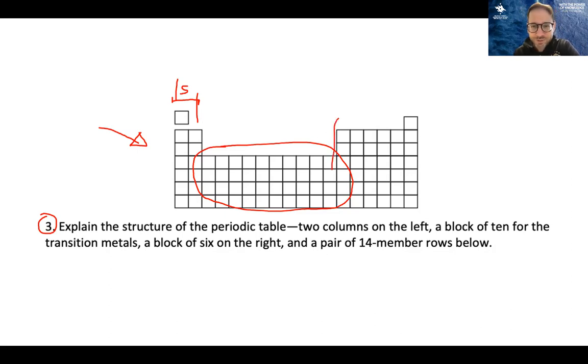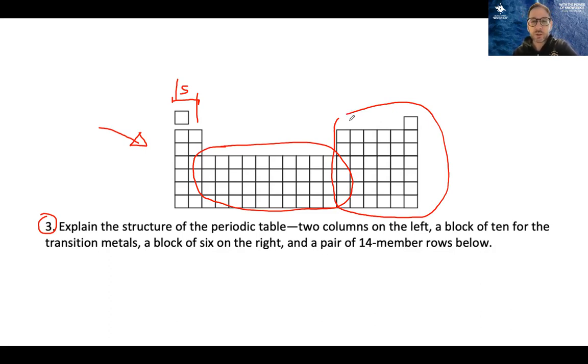The same for the 6 groups on the right. So just say, oh, this is the P block. Their outermost electrons occupy P orbitals.